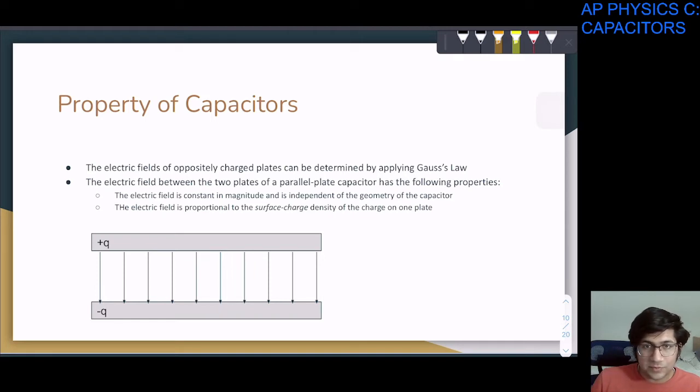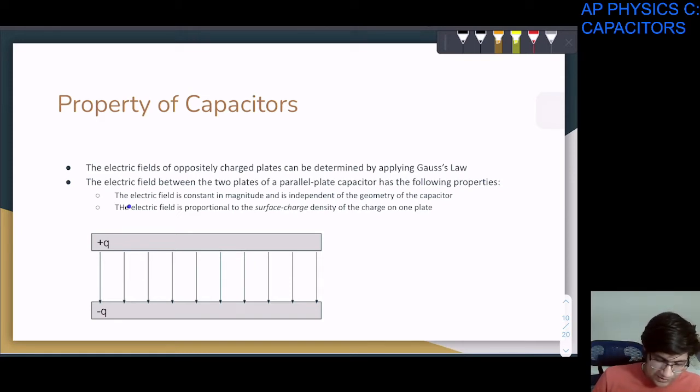Now the electric field between two plates of a parallel plate capacitor has the following properties. The electric field is constant in magnitude and is independent of the geometry of the capacitors. So they just have to be parallel plates. It doesn't really matter the shape of these plates. They don't have to be squares. They can be whatever they want. And it's independent of the shape.